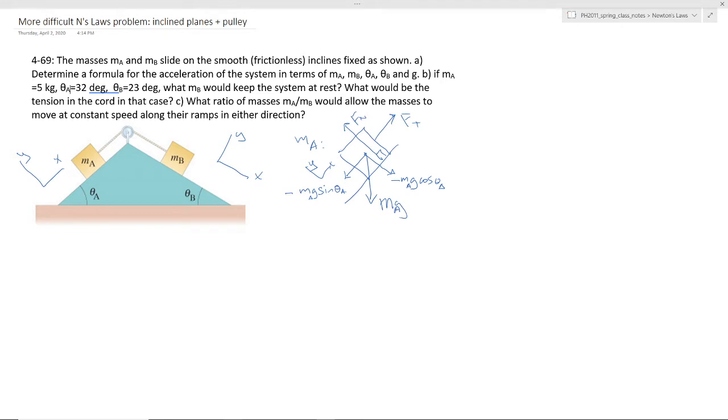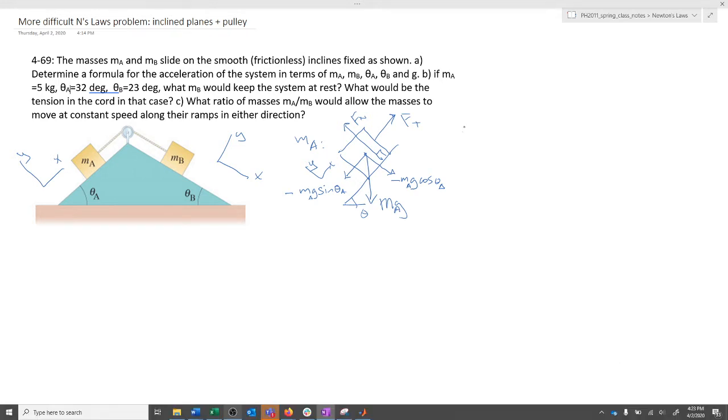You can see, if you look at the coordinate system, this piece is in the negative y direction, and this piece is in the negative x direction. And we have theta here. So that's for MA. You can already see why this problem is a little more complicated, because we have two angles floating around.